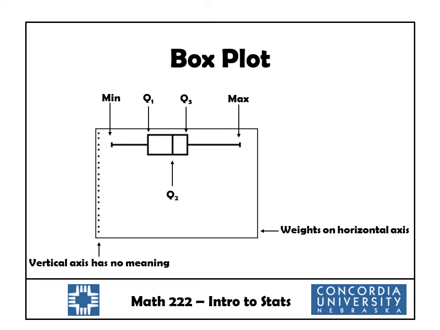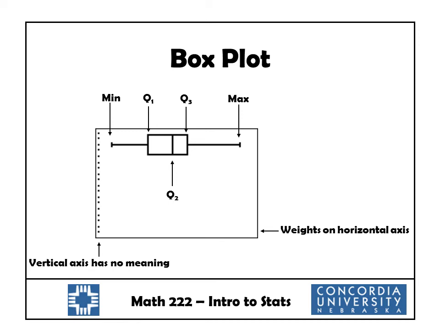That first long line on the left corresponds to our first quartile. That middle vertical line is our second quartile, or median. The line right next to that is the third quartile, and then the short line there on the right corresponds to the maximum value.